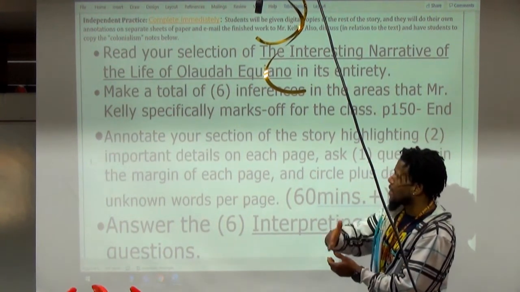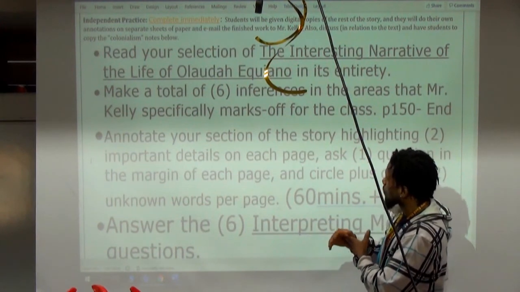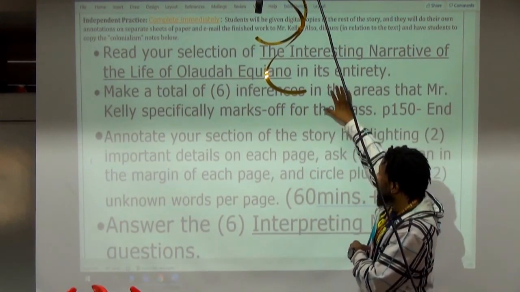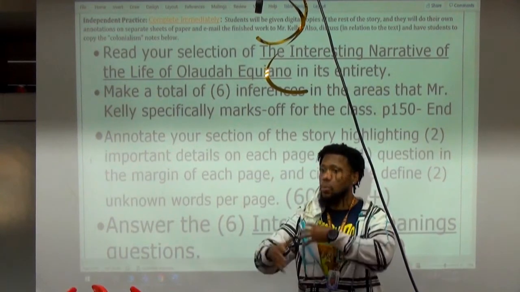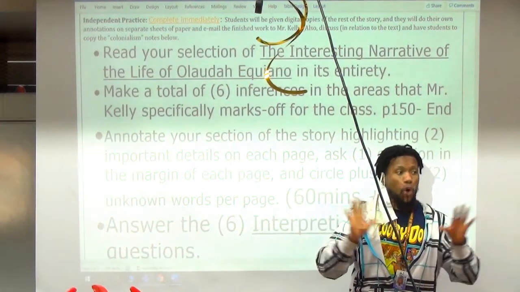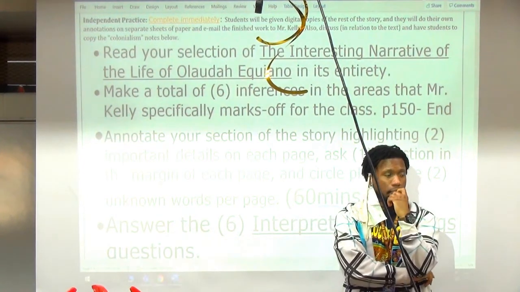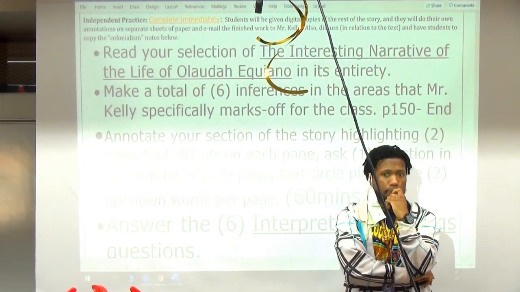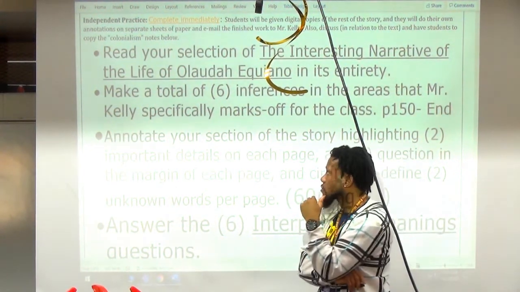And you're going to read it in its entirety, because you are doing every single thing that we've done so far, annotating and making inferences all on your own. So all next week it's going to sound just like this. That's how it's going to sound, because you're going to be reading and annotating.